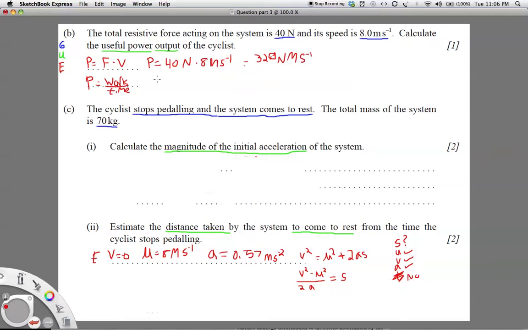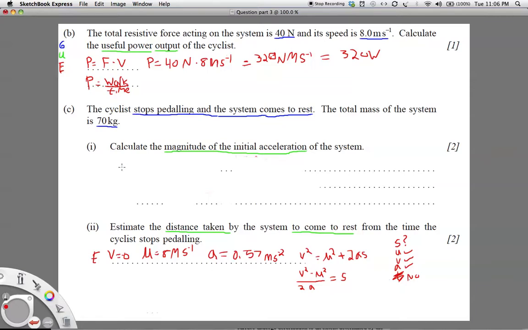Power is equal to work divided by time. Work is newton meter, time is seconds. So you could also write this as 320 watts. I just wanted to show you how it's related to work divided by time.